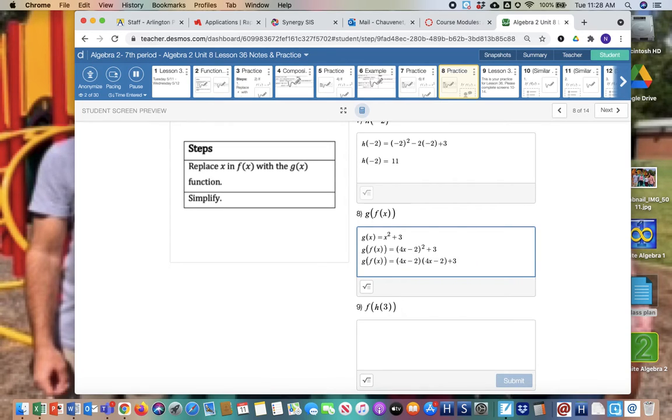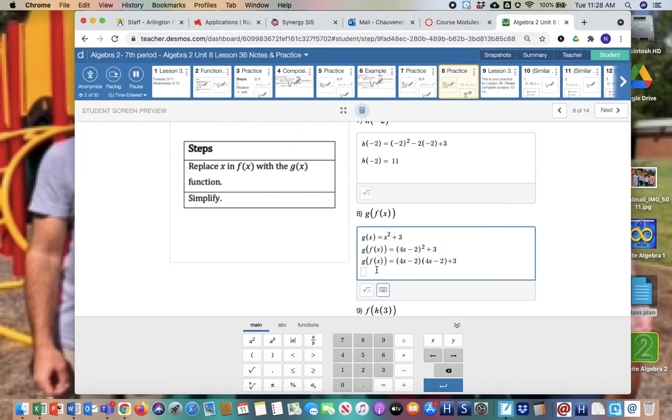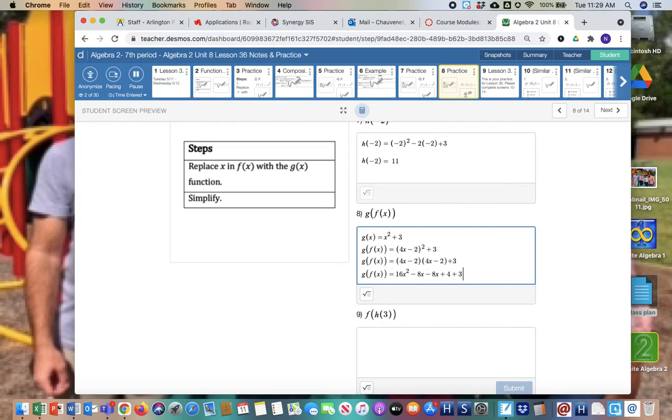So then we show out each of these steps. g of f of x equals, and now we're going to just multiply everything through. 4x times 4x is 16x squared, and then 4x times negative 2 is negative 8x. Negative 2 times 4x is negative 8x. Negative 2 times negative 2 is positive 4. And then you have the plus 3 hanging out on the end.